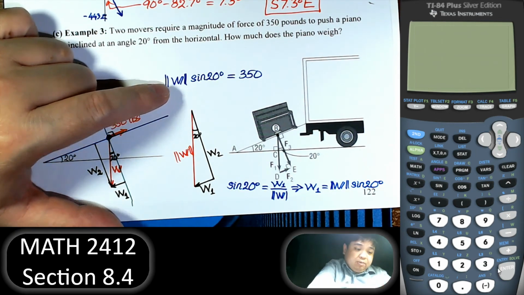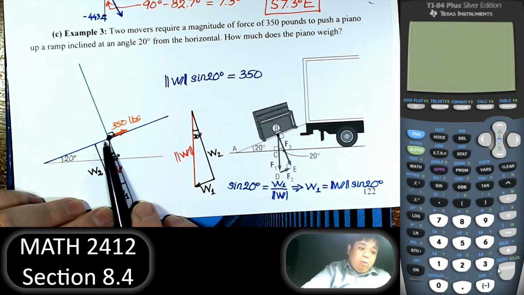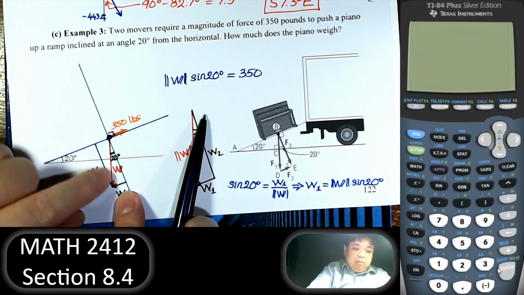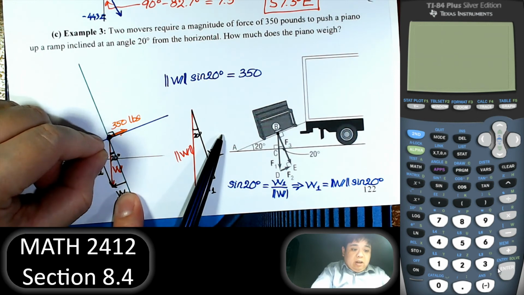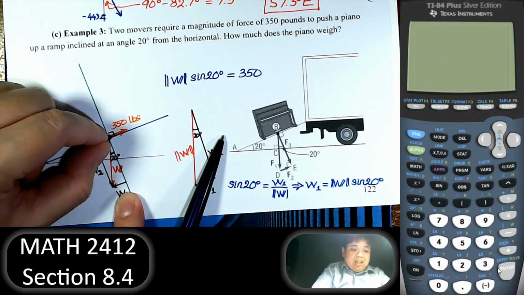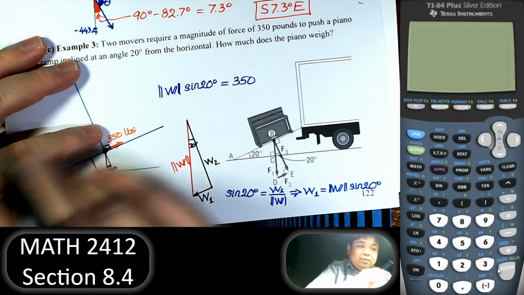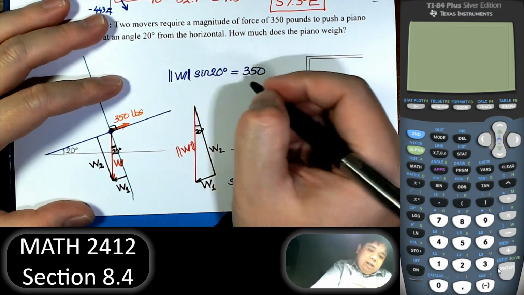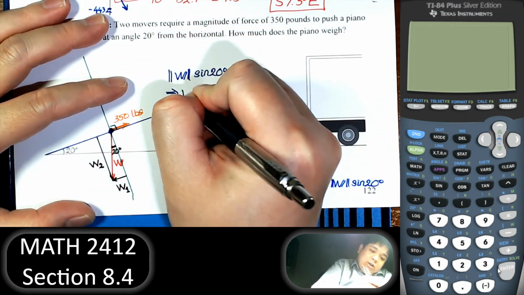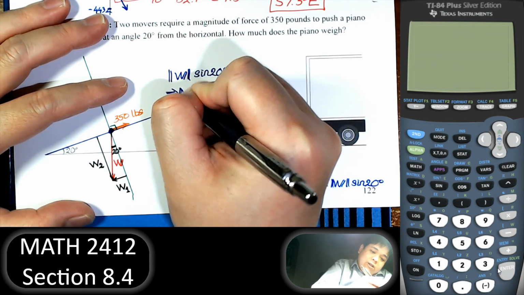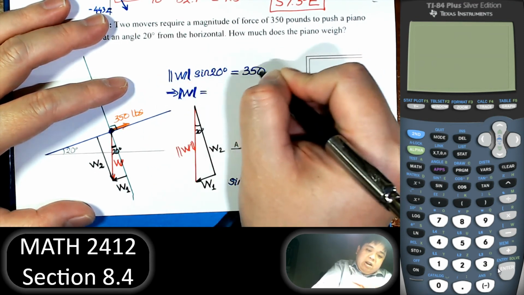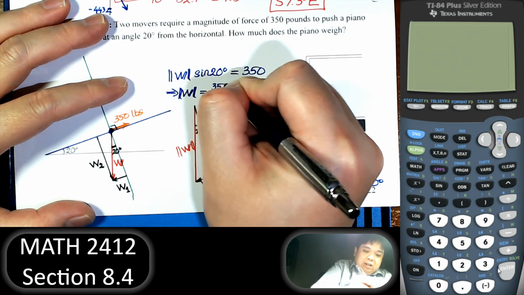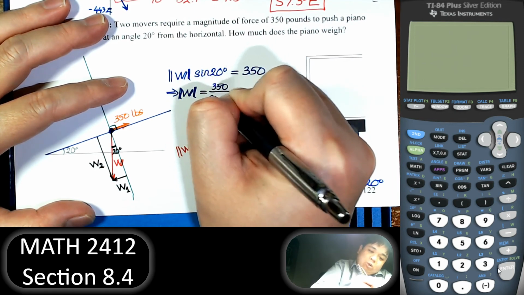In reality, the force we push has to be more than the force due to the weight that's sliding down. So to get W, the weight of the piano, we take 350 divided by the sine of 20 degrees.